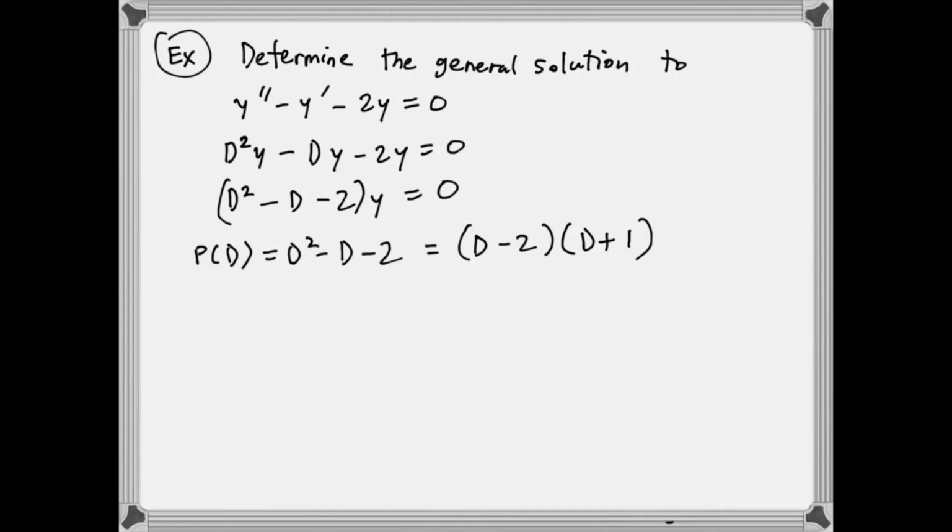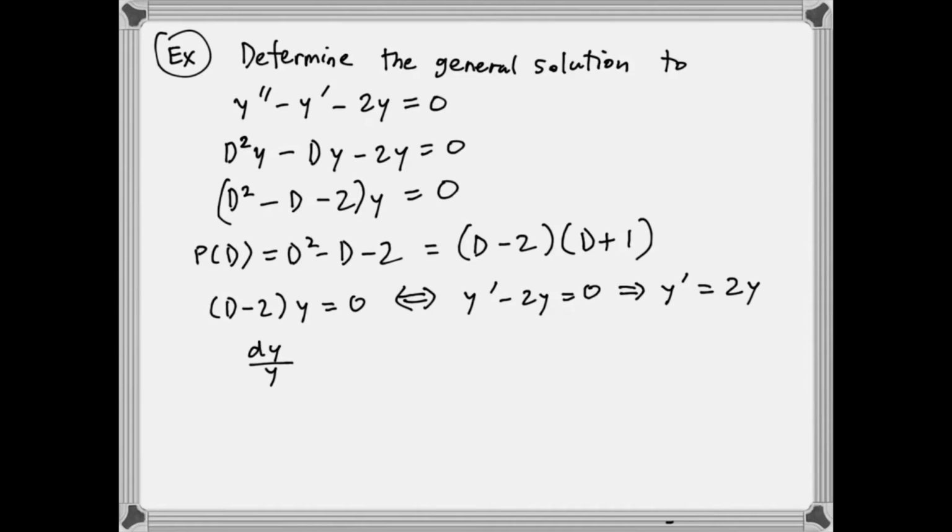Let's start with figuring out what happens with this one: (D - 2) y = 0. How would we solve this differential equation? Well, what does this differential equation actually look like? This is y' - 2y = 0, right? Or this is the same as y' = 2y. Isn't that the same as dy/y = 2 dx?